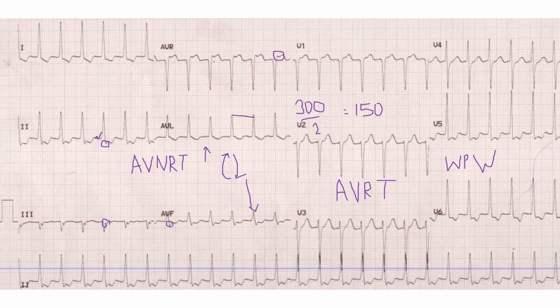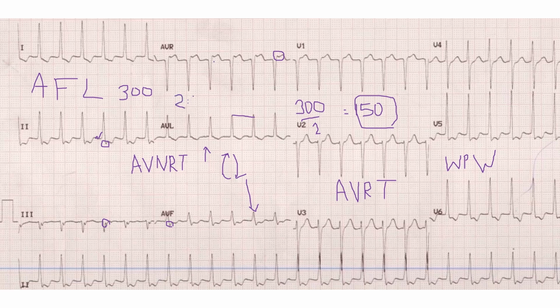And still another aspect is that when the rate is exactly 150, we have to think of atrial flutter. Atrial flutter at a rate of 300 per minute. The typical atrial rate of atrial flutter is 300 per minute, and half of it may be blocked at the AV node.